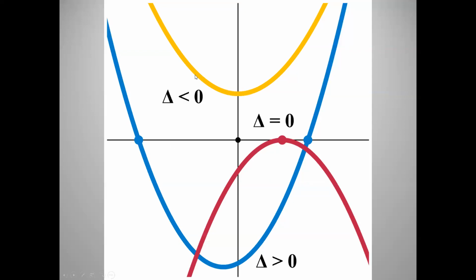So I can show you via a picture what's going on. If this number delta is positive, your parabola cuts the x-axis at two separate points. If it's negative, i.e. the yellow parabola, it doesn't pass through the x-axis at all. So you have no real solutions, but two complex solutions.